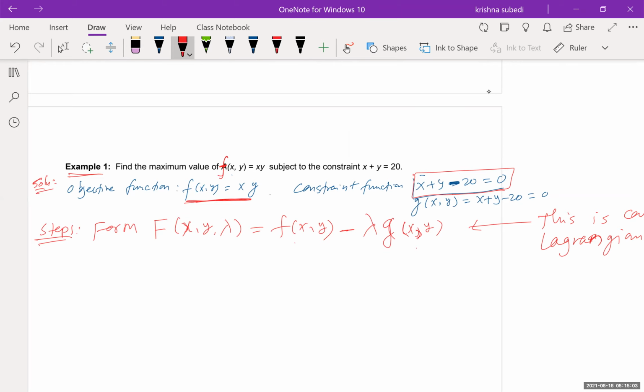Objective function minus lambda times the constraint, and lambda is a constant. This lambda is a constant, and it is called the Lagrange multiplier.